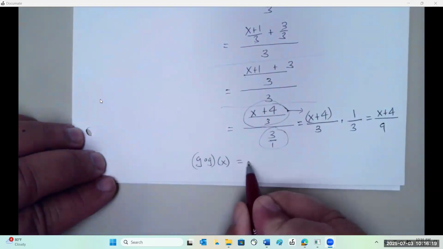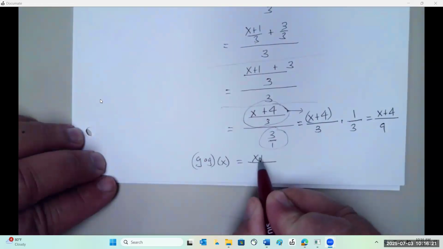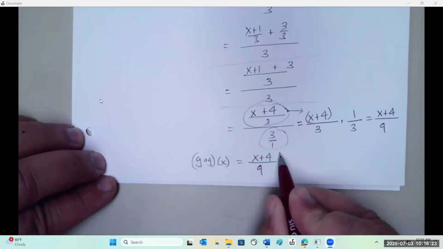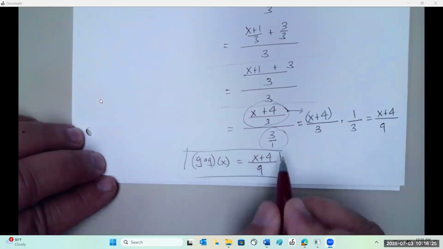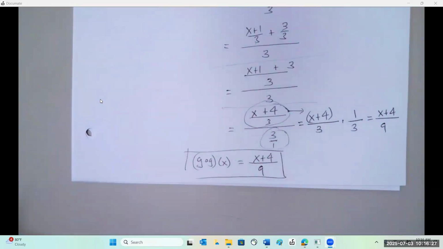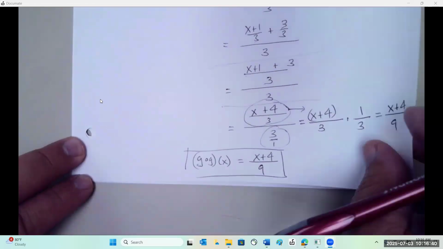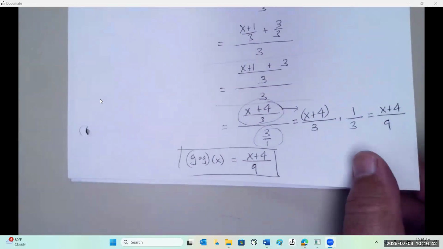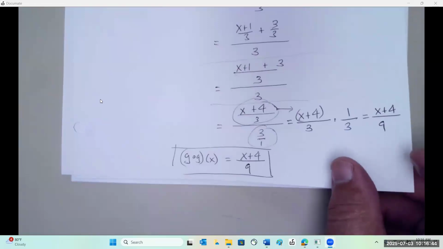So my solution to this equation is (x plus 4) over 9. So those are the FOG and GOF examples, and FOF, GOG.